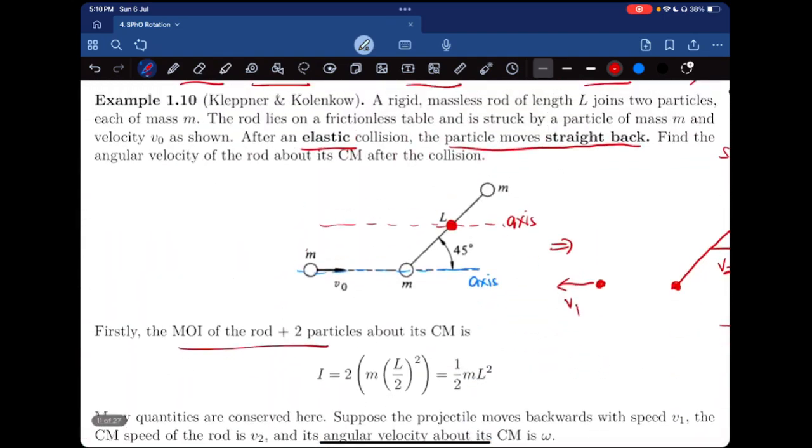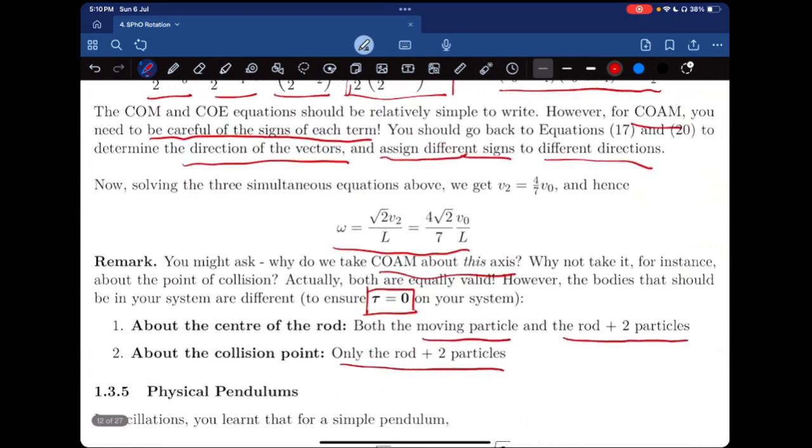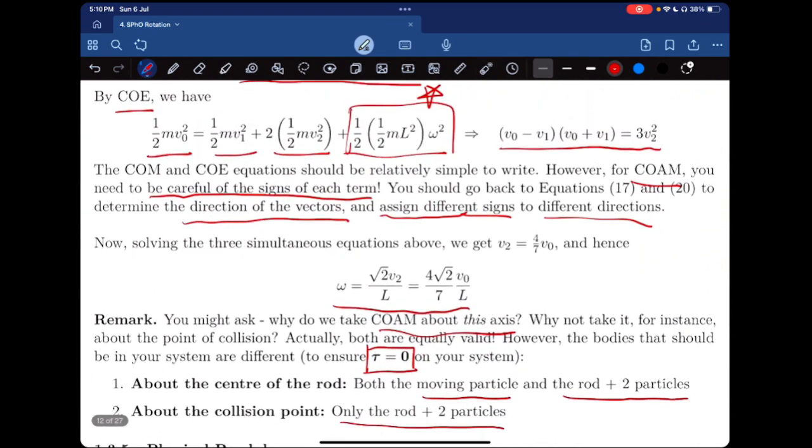The reason being that is the system that will give net torque equals 0. So yeah, you are free to take any axis you want. Just make sure that your system is defined consistently to allow for net torque equals 0. Sometimes by taking a different axis, you might get simpler equations. So yeah, just keep that in mind.